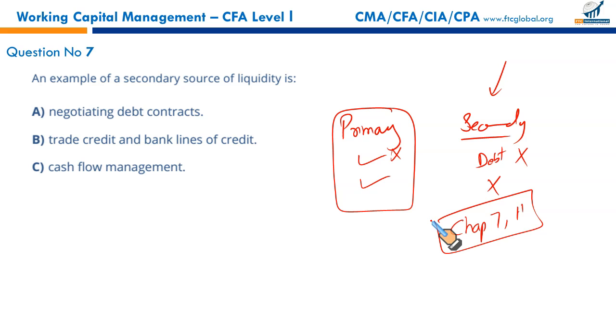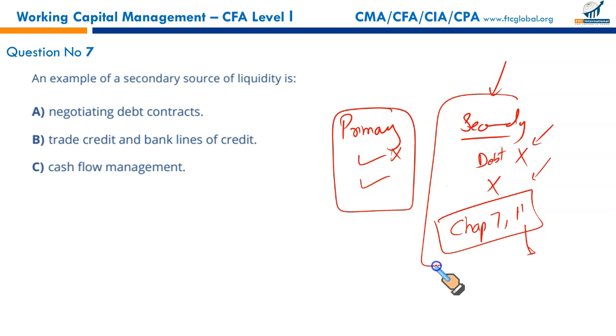They were first studied in CMA Part 2 Corporate Finance. They have been removed. Liquidation, that is bankruptcy, and reorganization. So a business is in trouble. Business can file for protection under Chapter 7, under Chapter 11. These are the two corporate laws under which the companies are liquidated. So if you are in trouble, you will sell your surplus assets, you will file for bankruptcy, you will renegotiate your debt contracts with the bankers.